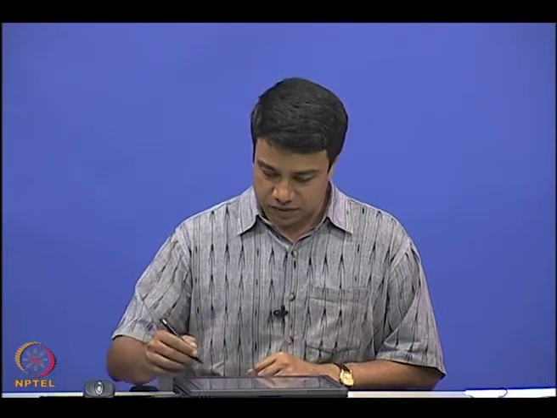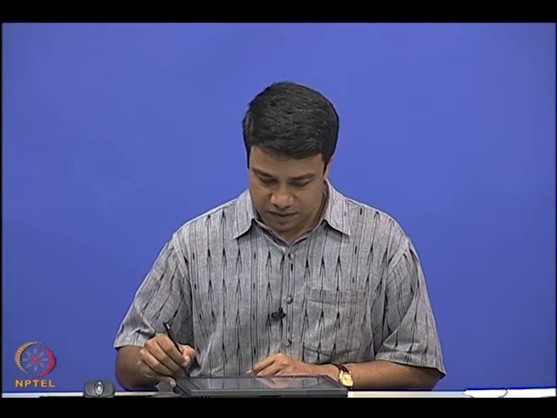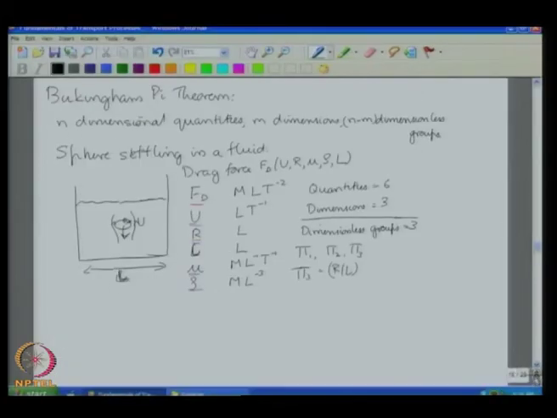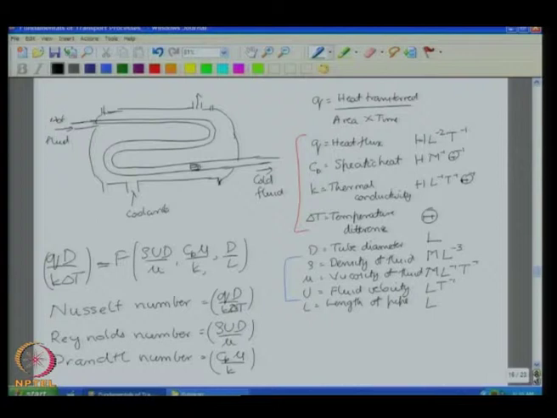And last class we specifically did a calculation for specific processes. For example, first we looked at the flow in a heat exchanger, where it is of interest to calculate what is the transfer rate of heat from the inside to the outside as a function of the temperature difference, the speed with which the fluid is moving, as well as the fluid thermal and mechanical properties.